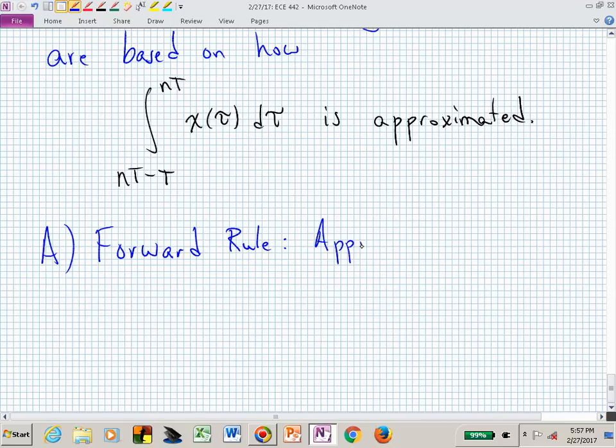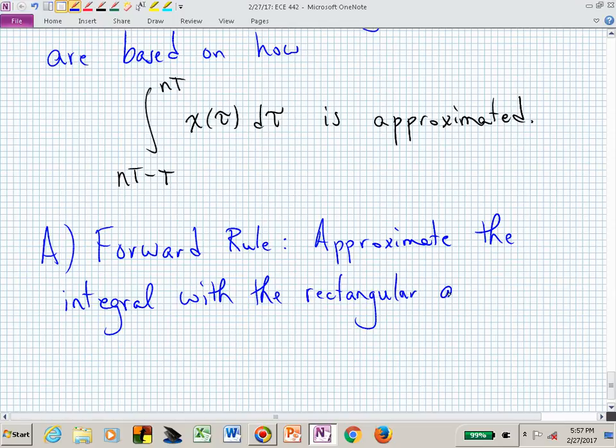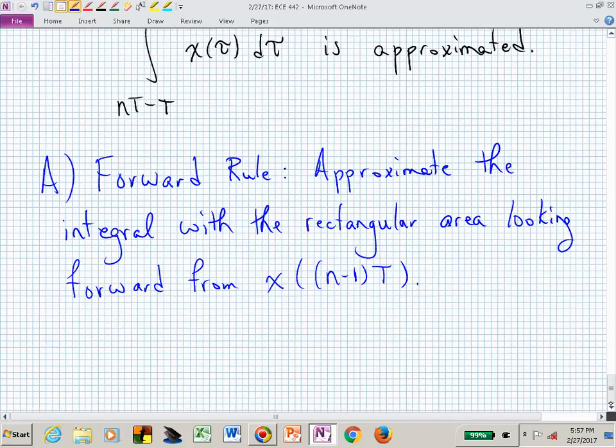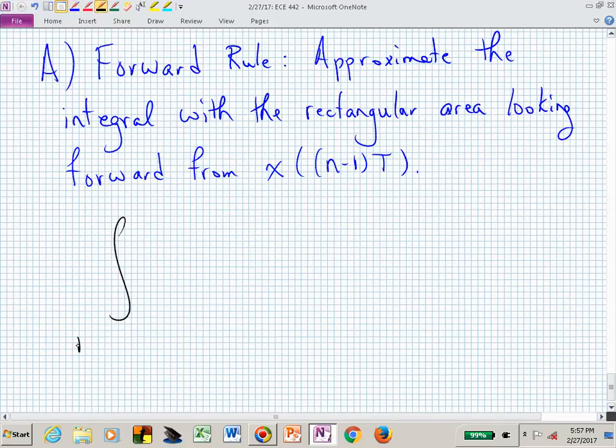We want to now approximate the integral, which is just trying to find that little sliver of area, with the rectangular area looking forward from x at time (n minus 1) capital T. The integral hasn't changed, but what is going to change is how we approximate it.